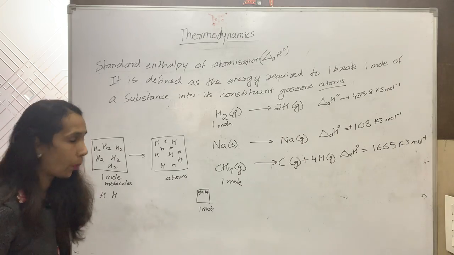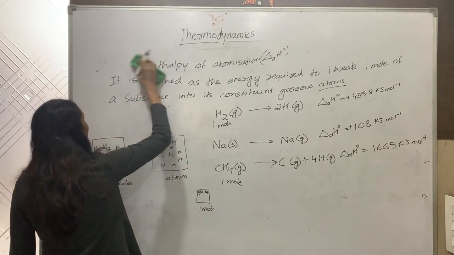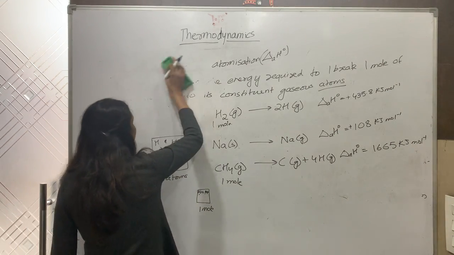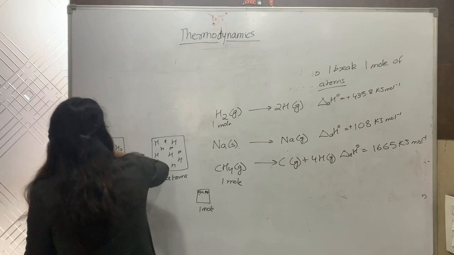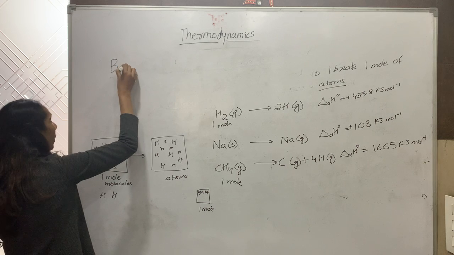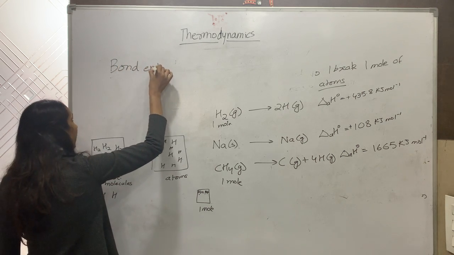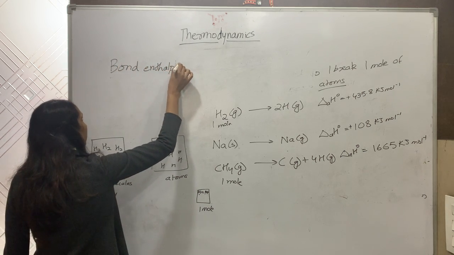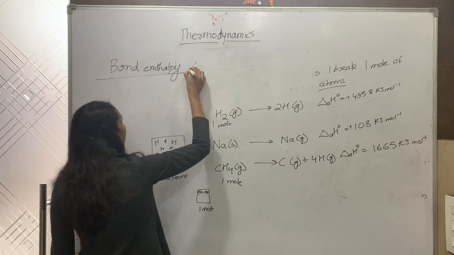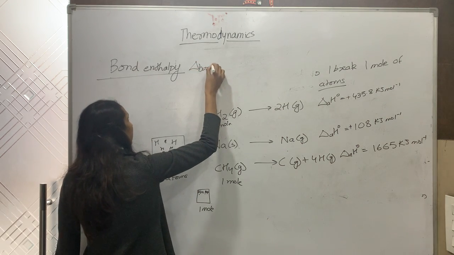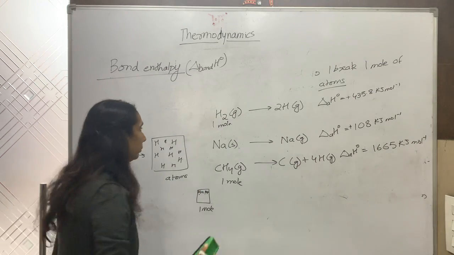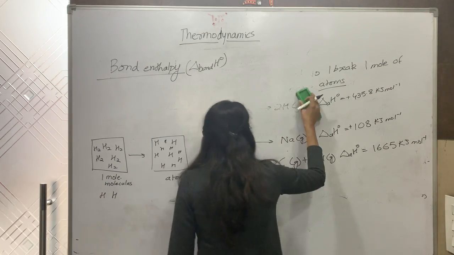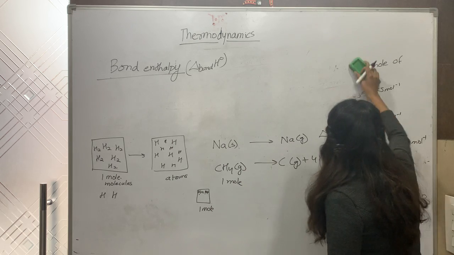Now the next one. After standard enthalpy of atomization, we are doing another enthalpy, and that is called as bond enthalpy. What we are going to do now is bond enthalpy. Bond enthalpy represented by this. This is bond enthalpy. Now you know covalent bonds are there between the atoms.